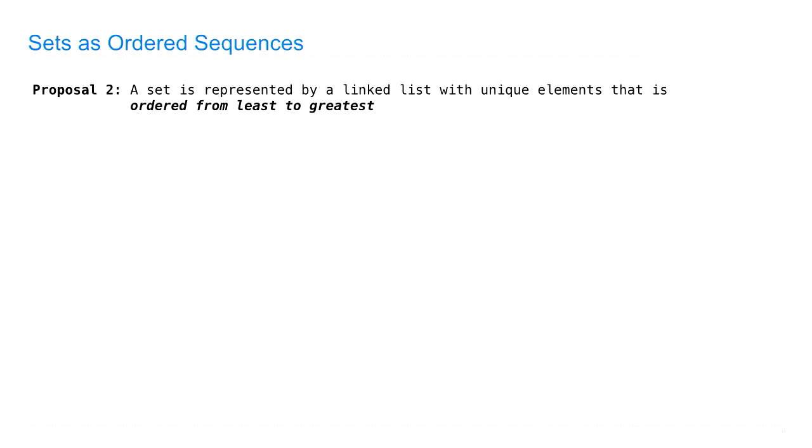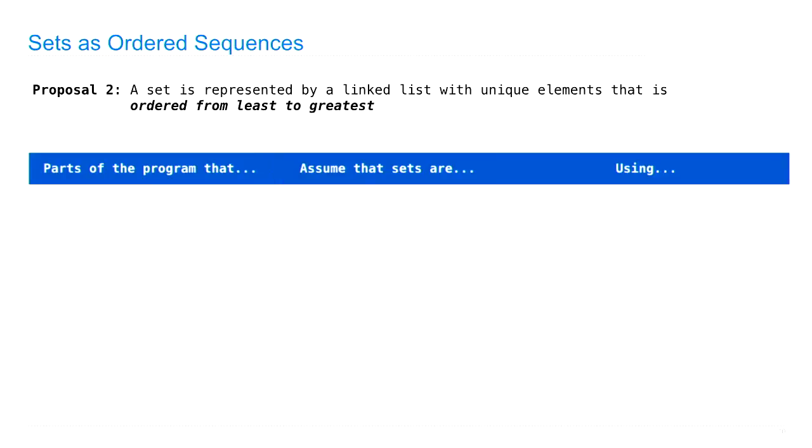So proposal 2 is a set is represented by a linked list with unique elements that are ordered from least to greatest. Now that doesn't mean that sets are suddenly ordered things. In the highest level of abstraction, the one that just uses sets in order to perform computation, we assume that sets might be in any order.